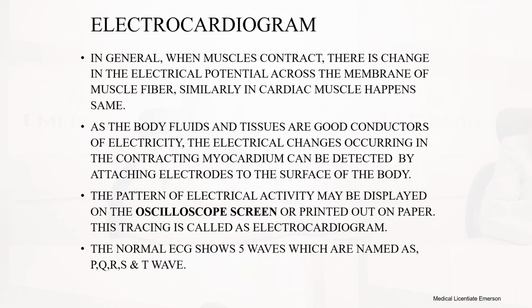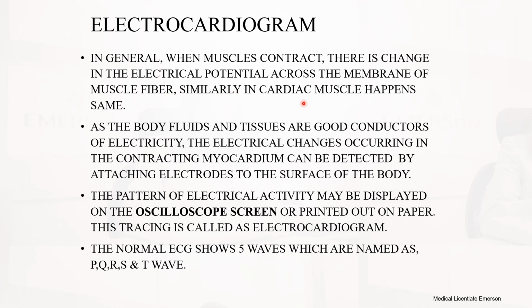Okay. Then in practice, we have what we call the electrocardiogram, ECG. In general, when muscles contract, there is a change in the electrical potential across the membrane of the muscle fibers. Similarly, the same happens in the cardiac muscles.